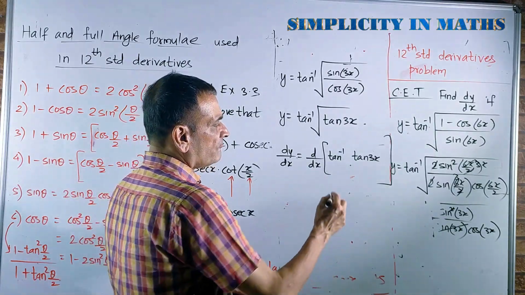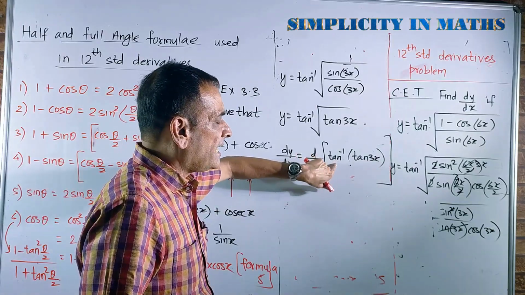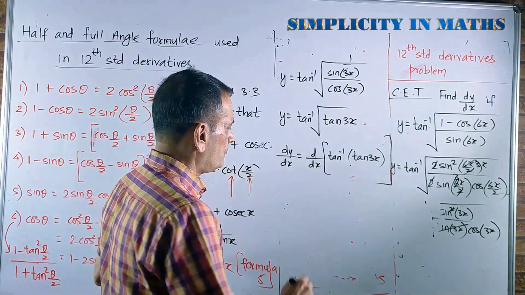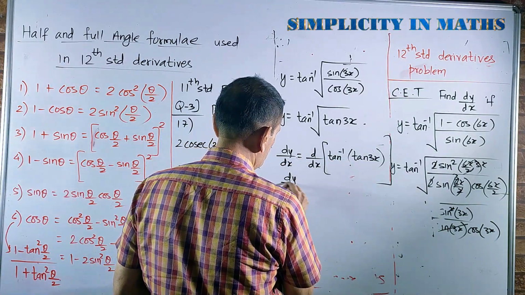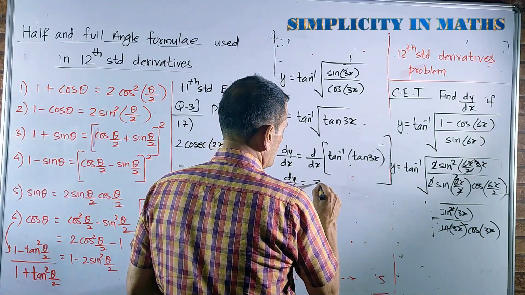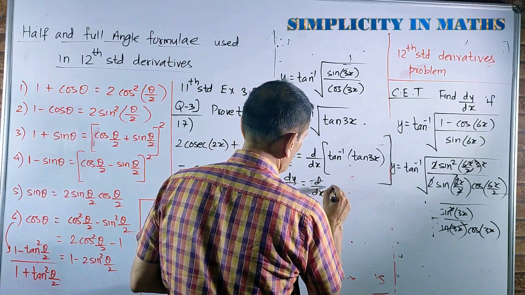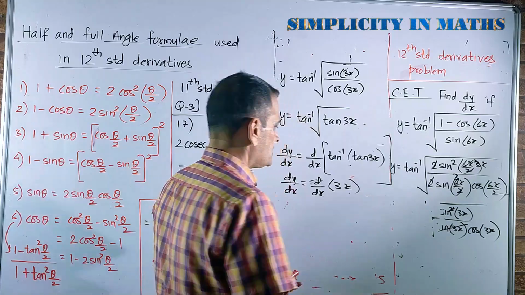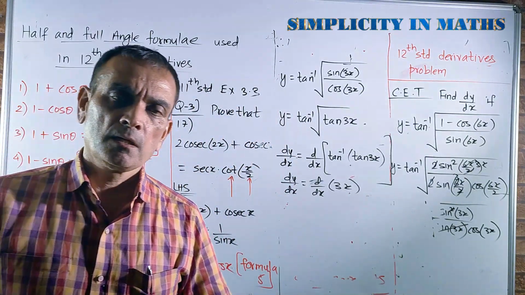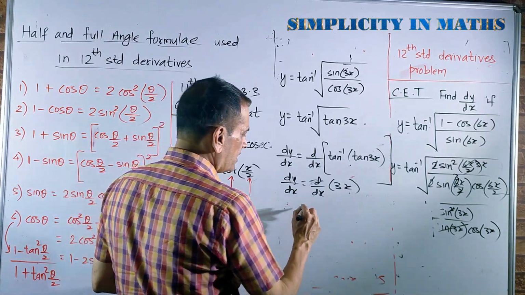Now there is again one formula in 12th. Tan inverse tan gets cancelled. The derivative of 3x remains. How do we find the derivative of 3x?